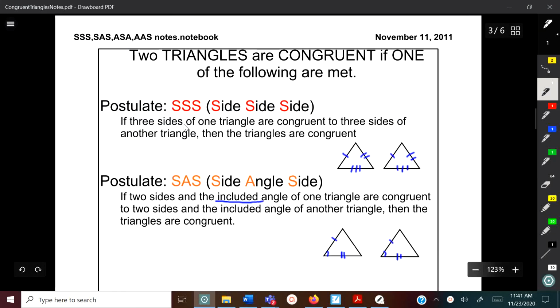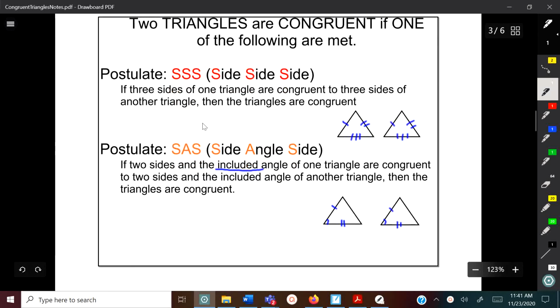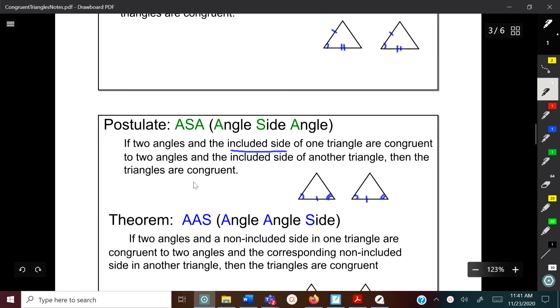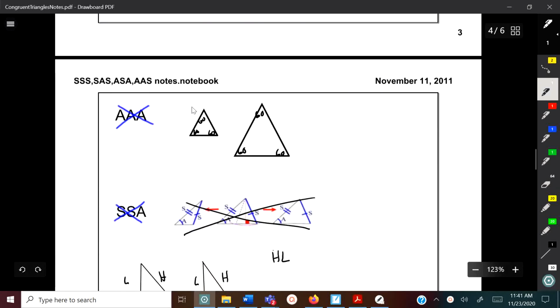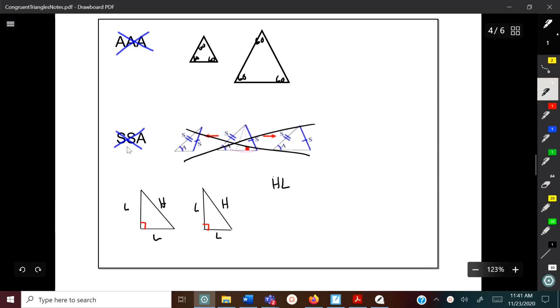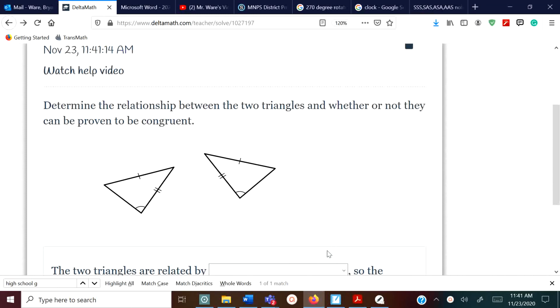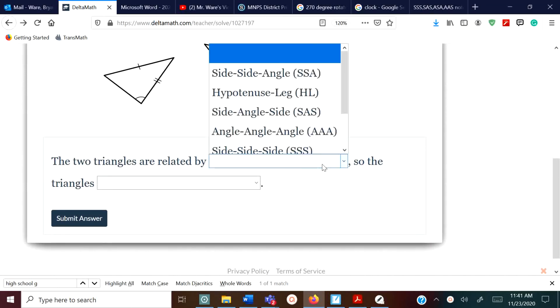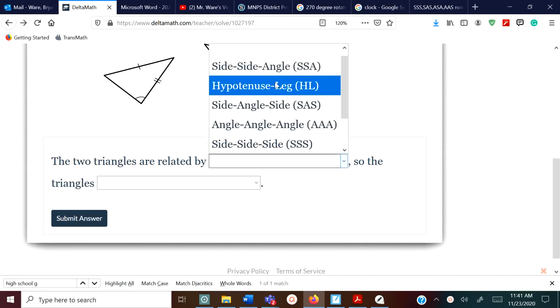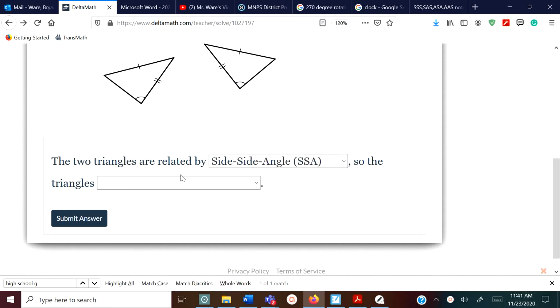We have side-angle-side, side-side-side, angle-side-angle. This has two angles on both of these, so it's not this one. It's one of the ones that we said would not work, side-side-angle. So you would go with side-side-angle, but then say it cannot be proven.